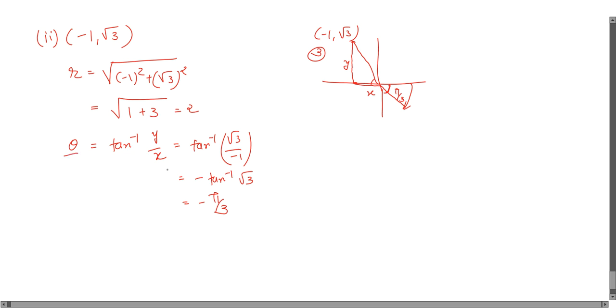So theta is -π/3, and you are walking in the opposite direction. If you think about theta equal to -π/3, then you are in this direction, but you are walking in this upper side direction, so you are walking in the negative side. So we can take this r as -2.